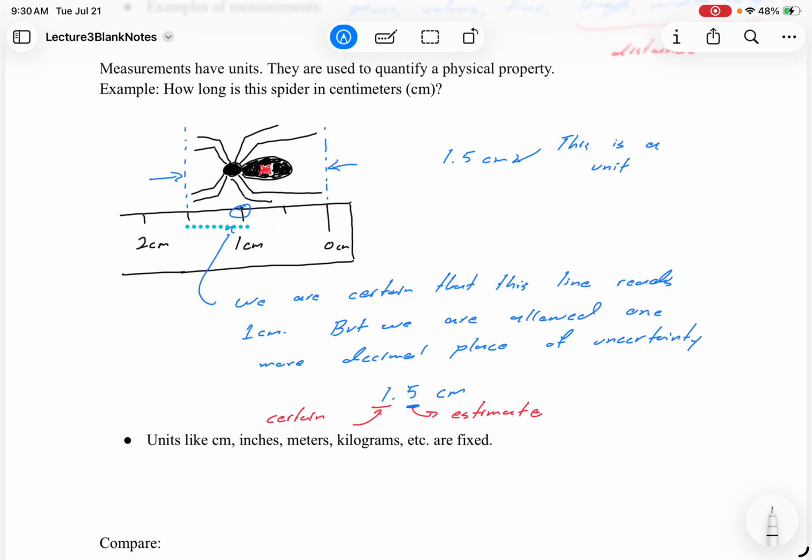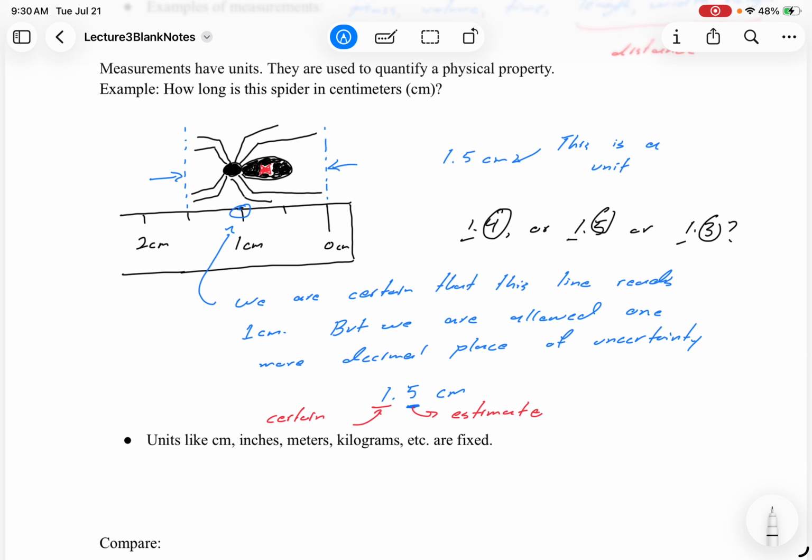Will it land on 1.4 or 1.5 or 1.3? We know about this, that's certain. But we don't know about these. Since we don't know about those, that's going to be your uncertainty. We're not 100% sure about that, so that is what we call an estimate.